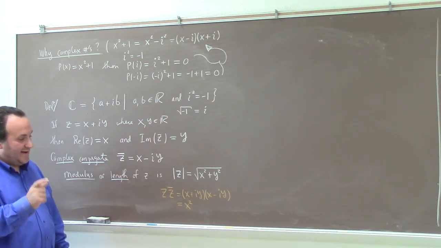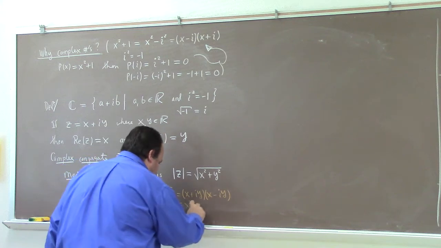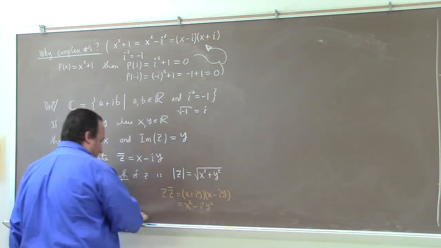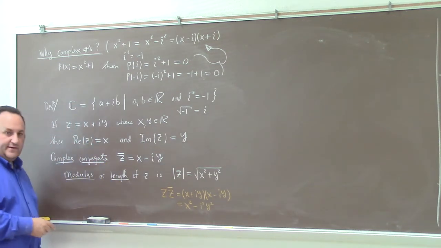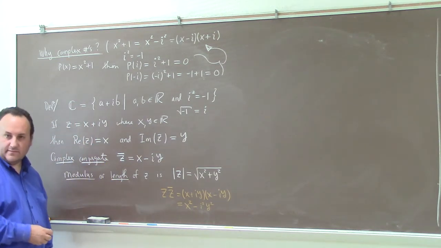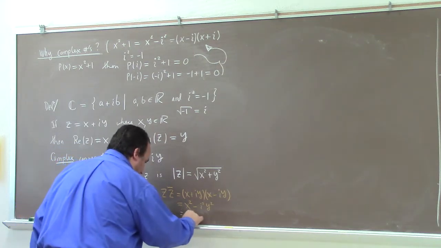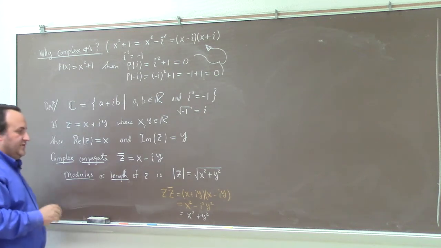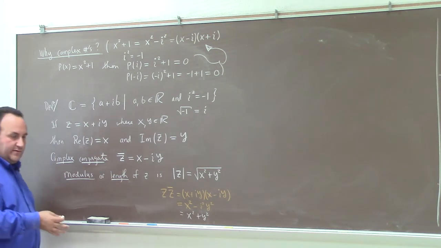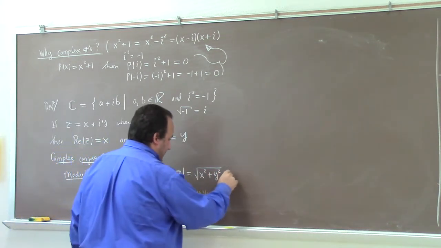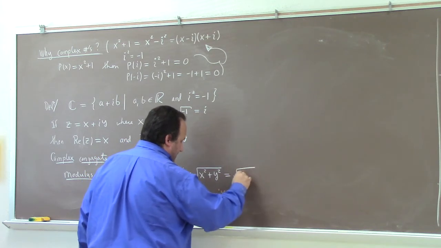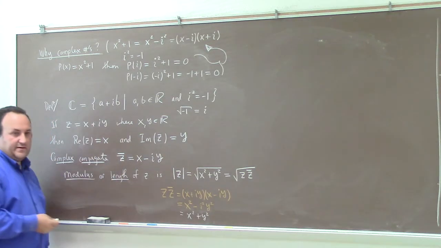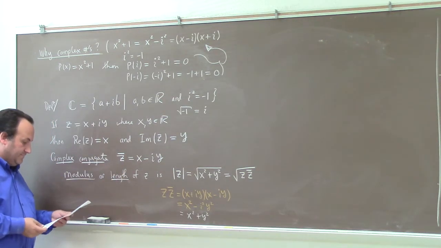You get a minus i squared y squared. Say that five times fast. Also known as x squared plus y squared. So I could also write the length of a complex number as the square root of the product of the number with its complex conjugate, the square root of z z bar. That's another formula for the length of a complex number.